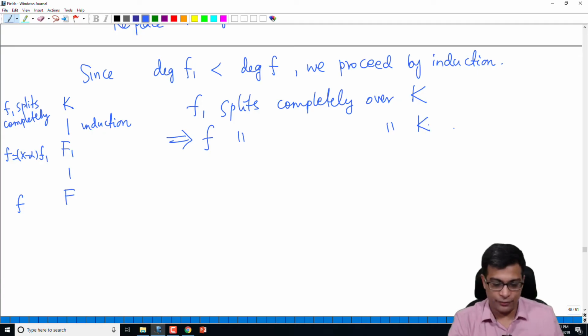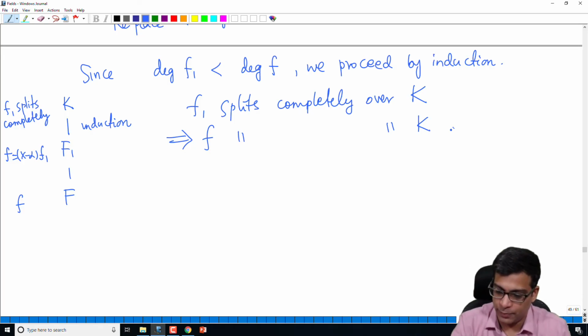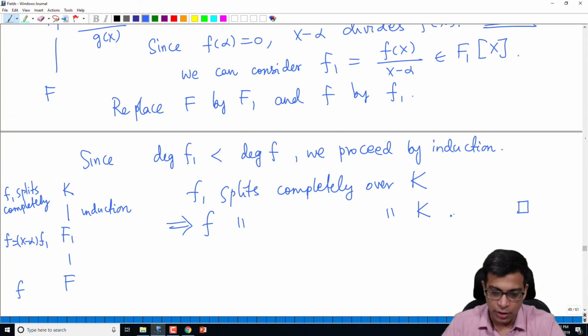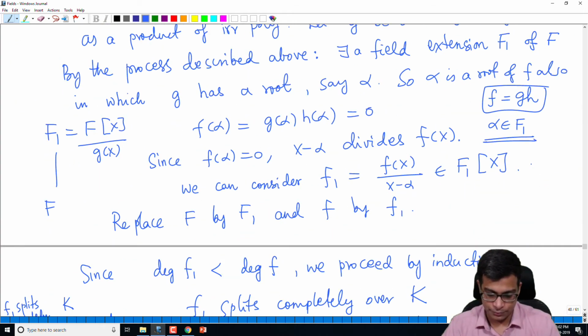Because what is f? f is just x minus alpha times f1. So the additional term in f is already linear. So if f1 is a product of linear polynomials over capital K, so is small f. So f is also going to split completely over capital K. So that means we have constructed a larger field over which you have the polynomial splitting completely.